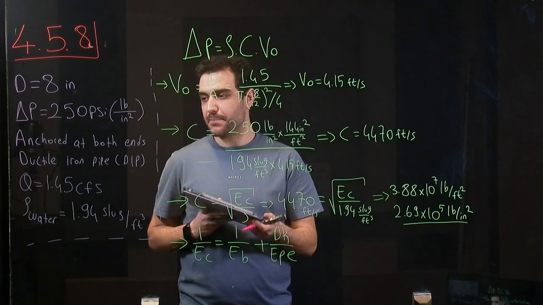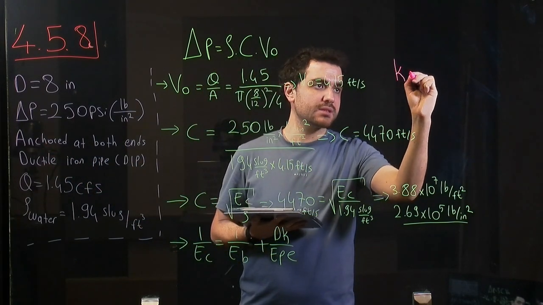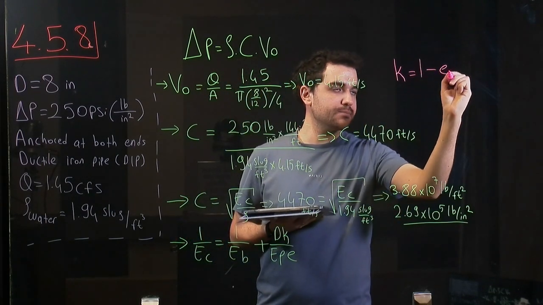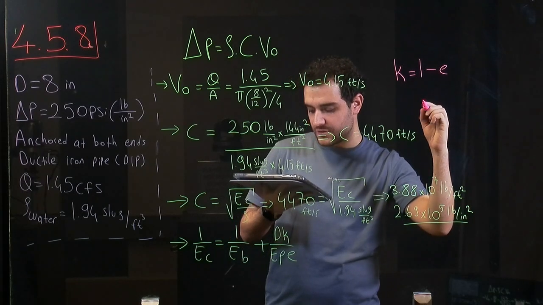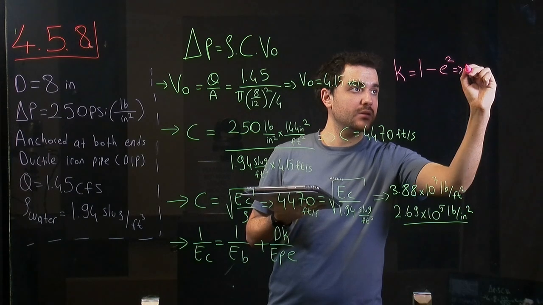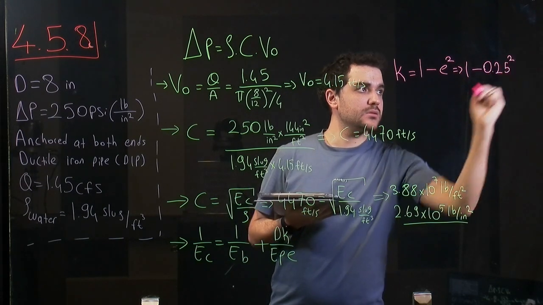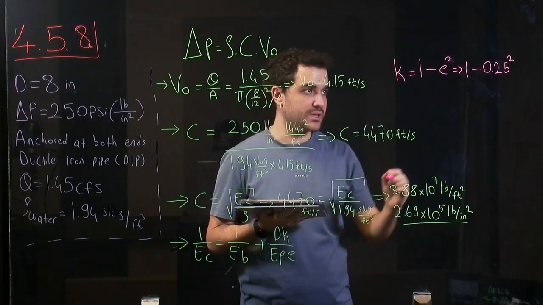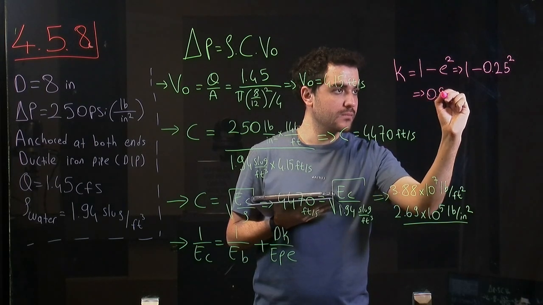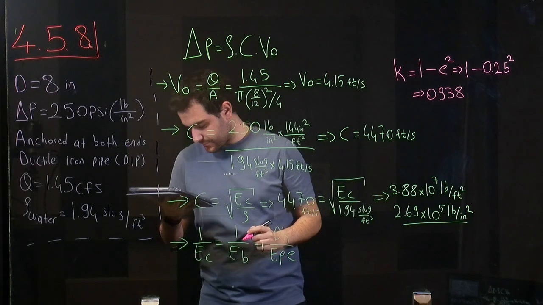Since this is a pipe anchored at both ends, we need to use K value as 1 minus Poisson's ratio squared, and it is 1 minus 0.25 squared, and it gives 0.938.